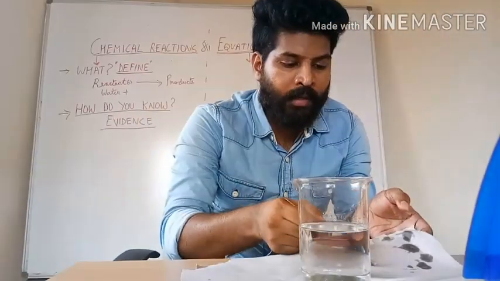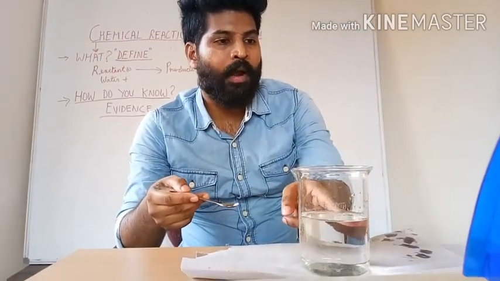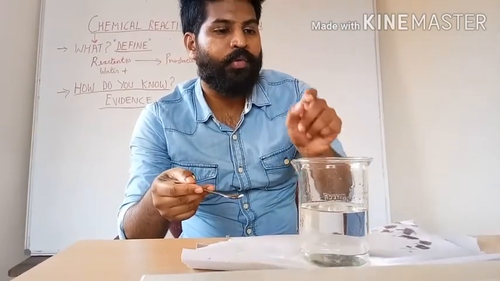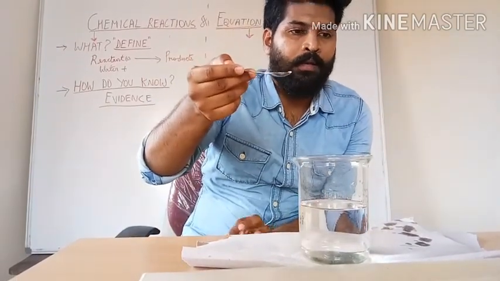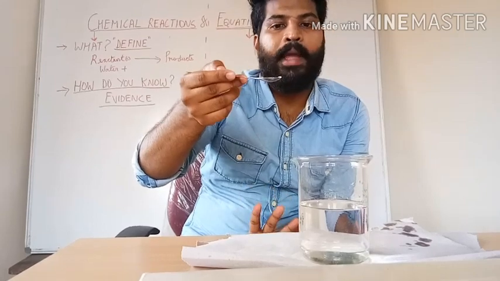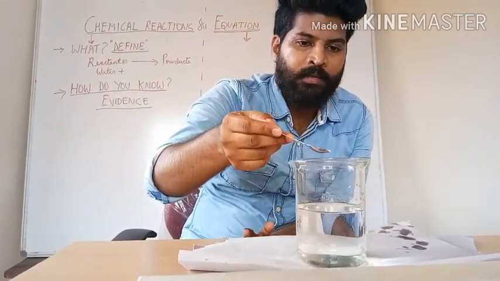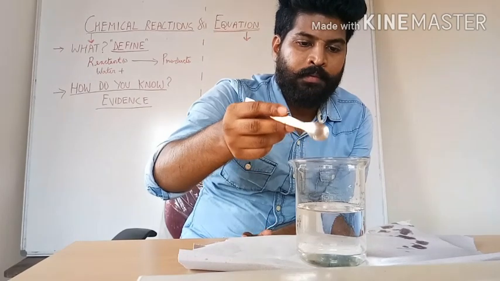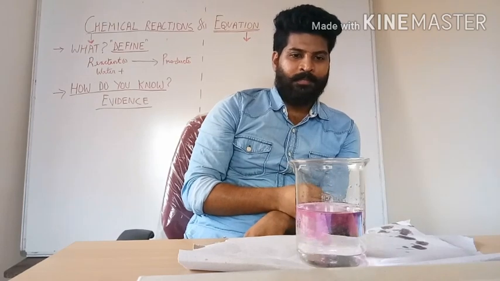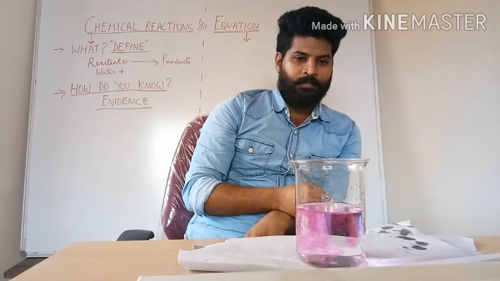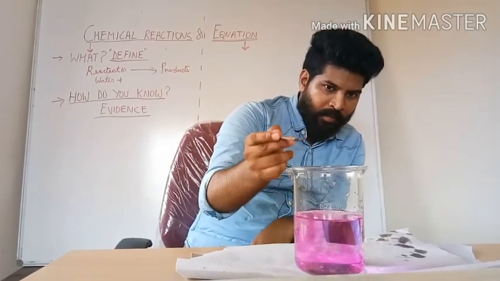So here it is. We have distilled water to which we have added 2 to 3 drops of phenolphthalein indicator, and we have sodium metal, pure sodium metal Na, and I am going to add. Observe very carefully. You can see the metal is moving here and there, and you can see gas coming out.